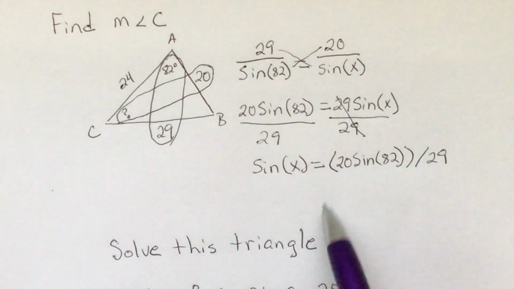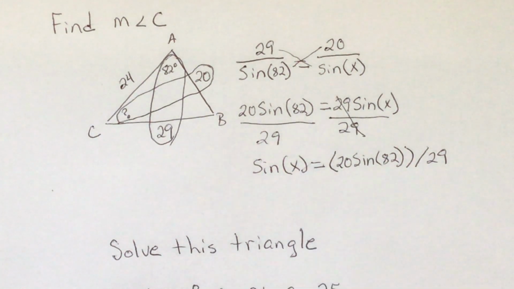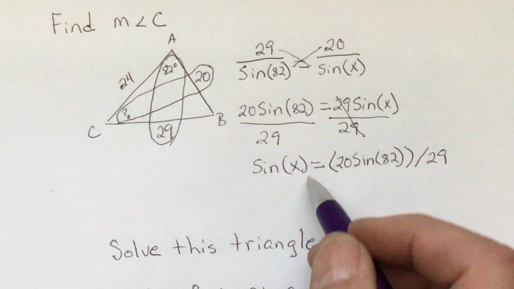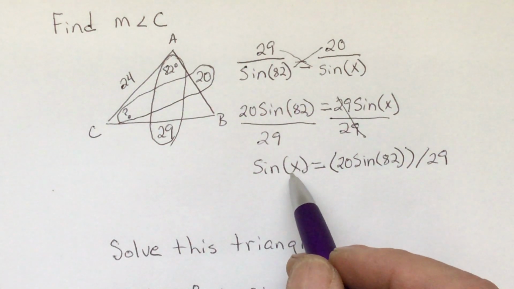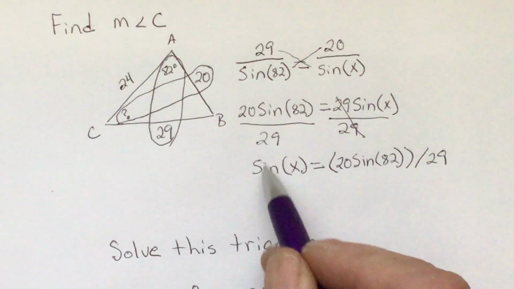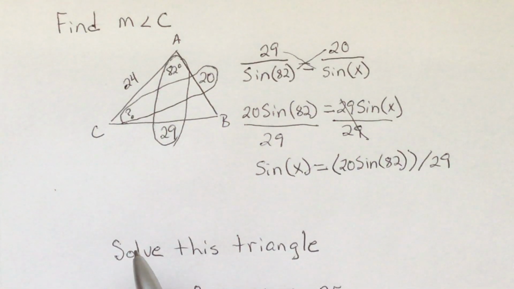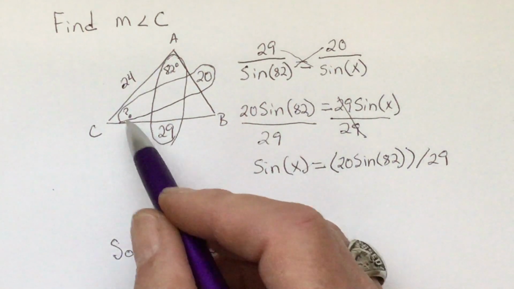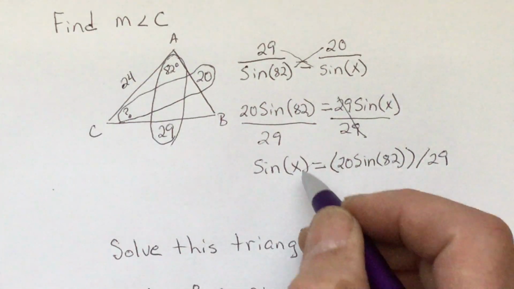You know how to do this based on one of the worksheets that you did last week. Inverse trig functions, or inverse trig ratios. In the calculator, you're going to use it to get rid of the sine part of this and just leave the x. X, remember, stands for this angle measure right here.